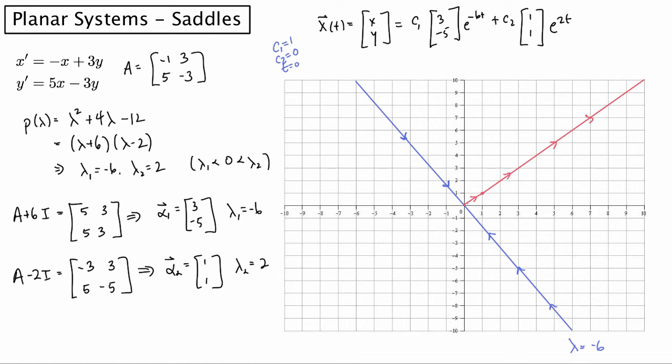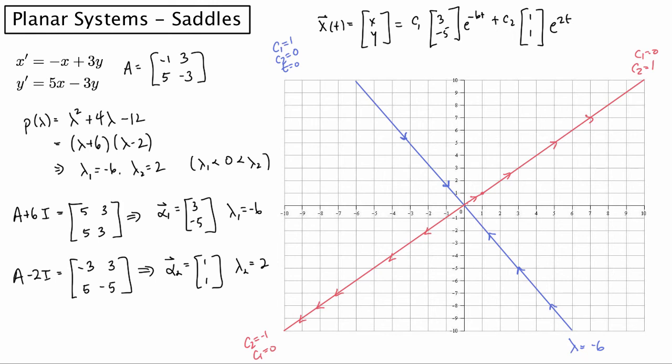It's the same thing on the other side, which would correspond to c2 being negative 1 and c1 being 0. This is c2 equal to 1 with c1 equal to 0. But both are emanating from the origin. So we think of this as being a source curve because it's coming out of the origin.